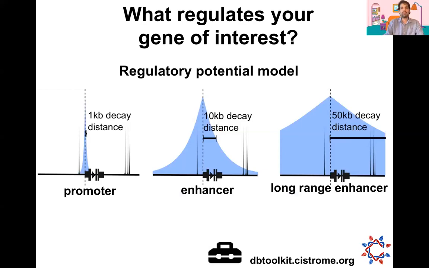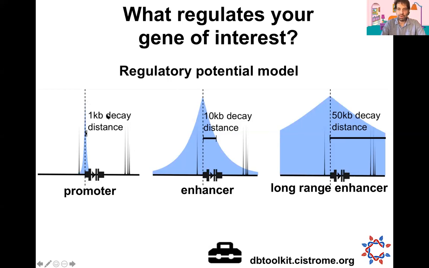To address the question of what regulates your gene of interest, we use what we call a regulatory potential model. This is what I think is the most natural way to associate a TF and TF binding to a promoter. It is based on an exponential decay weighted distance, which associates multiple peaks with a promoter.